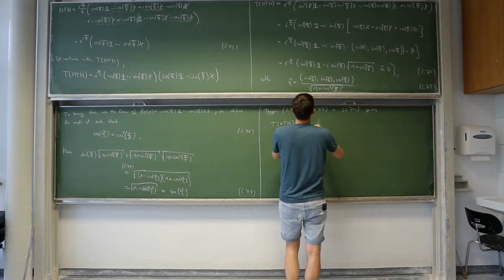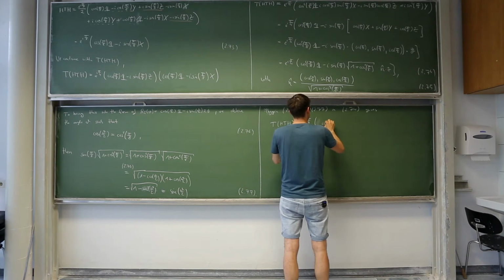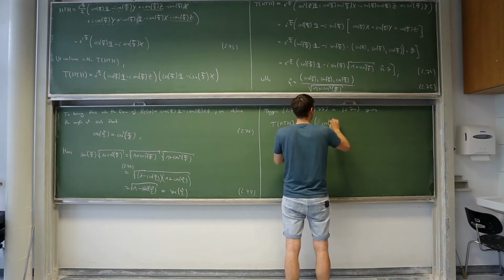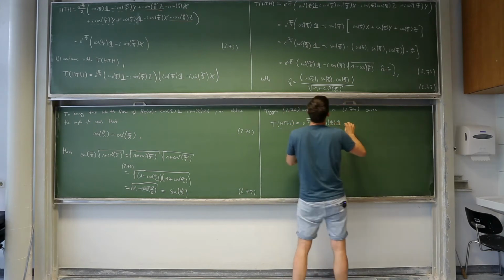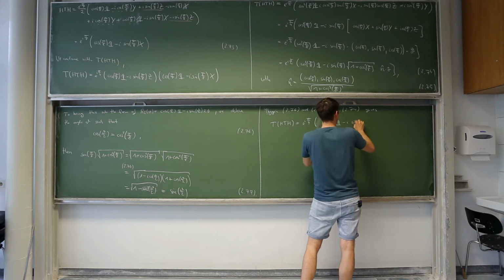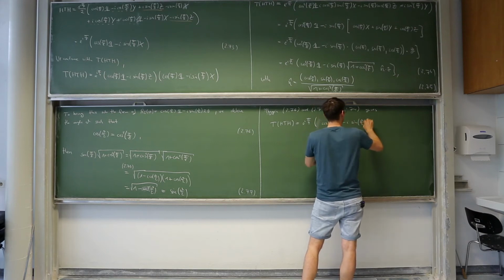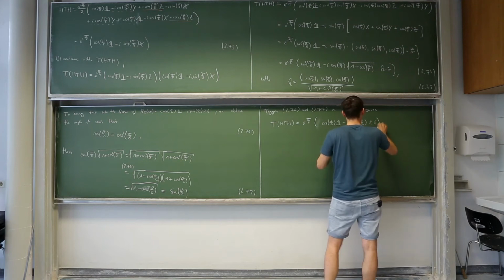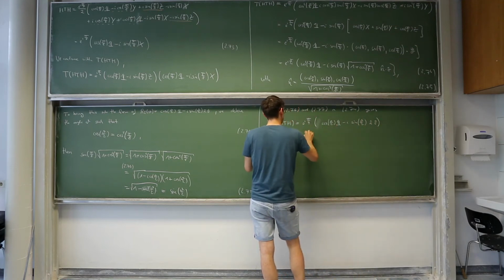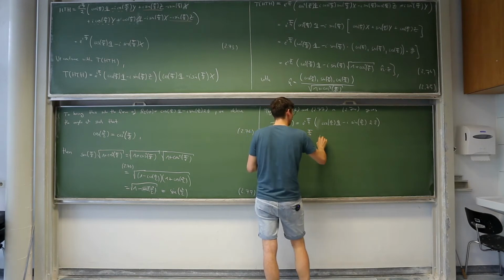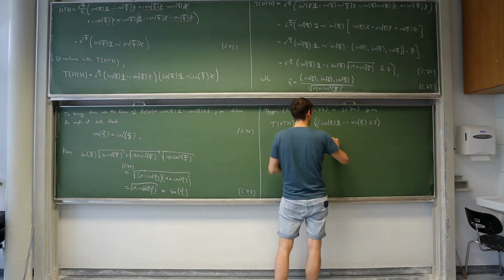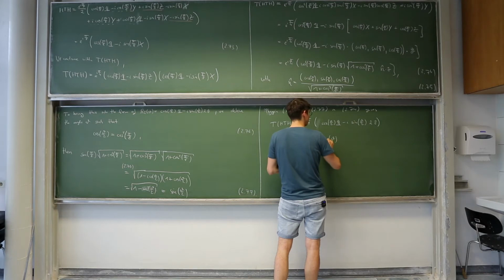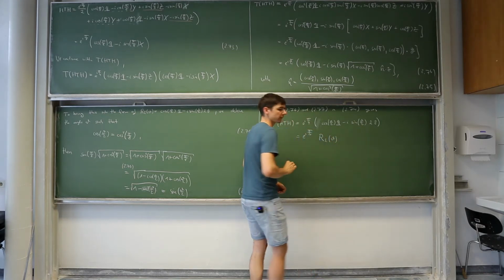I'm going to write it out first, okay, times cosinus of theta half identity minus I sinus of theta half times n sigma, which is e to the I pi over 4, and then rotation matrix by the angle theta about the axis n. Okay?